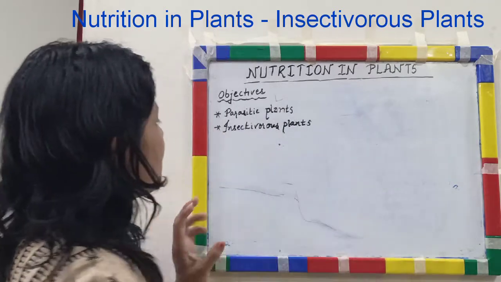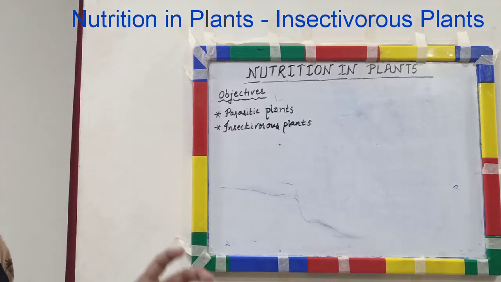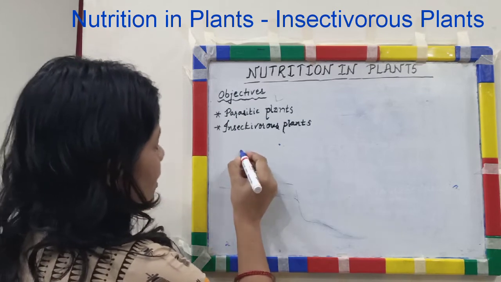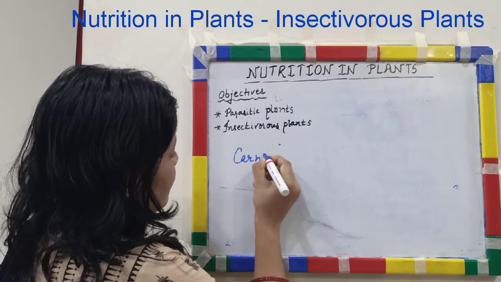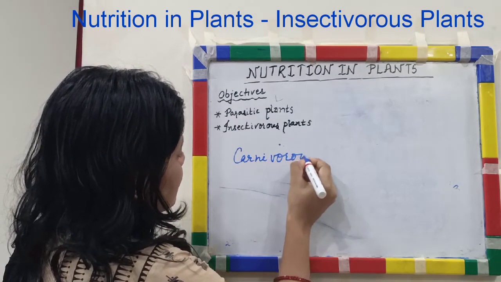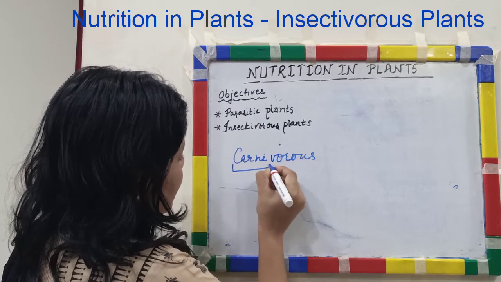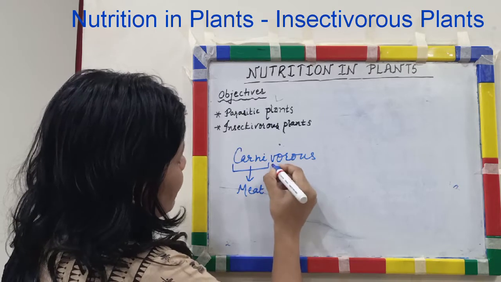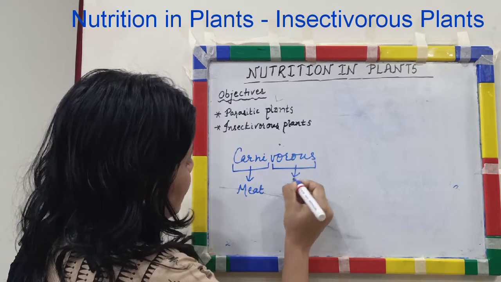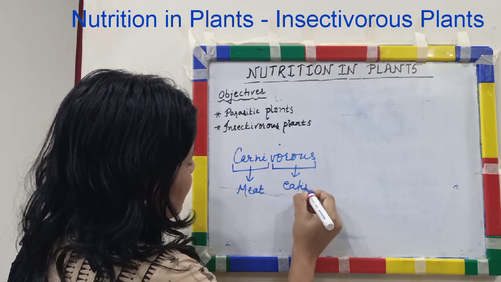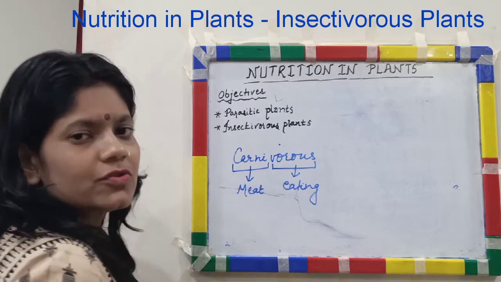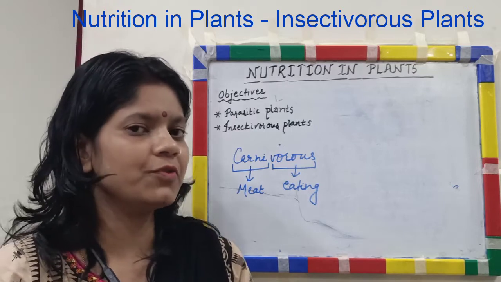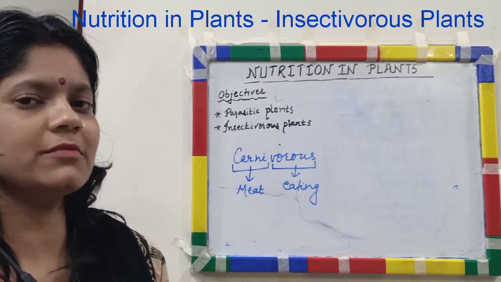So what is the literal meaning of insectivorous plants? As you already know about carnivorous. You have already learned this term, carnivorous. What is the meaning of carni? Carni means meat and vorous means eating. So we have already learned in class 6 about herbivorous, carnivorous and omnivorous organisms.